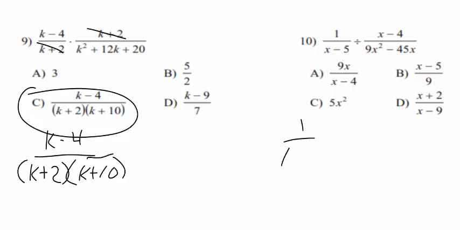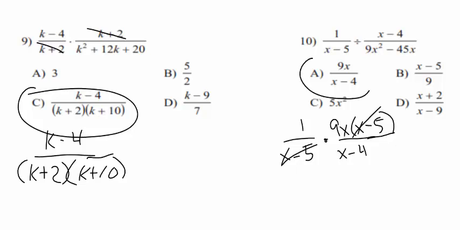So 1 over x minus 5 times, I'm going to put my x minus 4 on the bottom here. Those both share 9x squared minus 45x, both have a 9x in common. So when we factor that out, we're left with x minus 5. So we can reduce the x minus 5 to 1, so we're left with 9x over x minus 4.